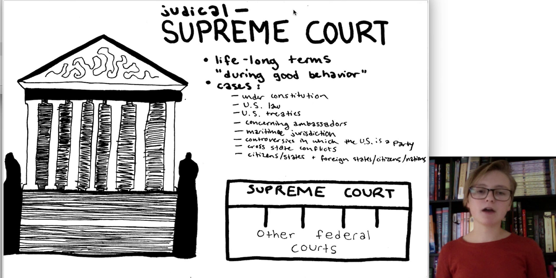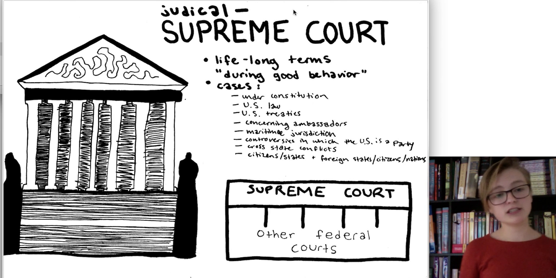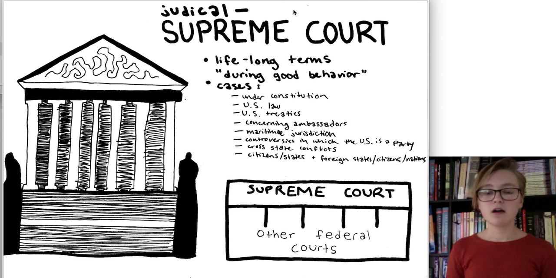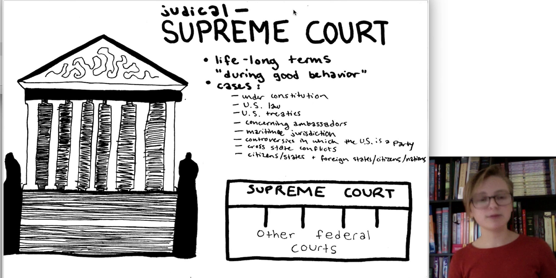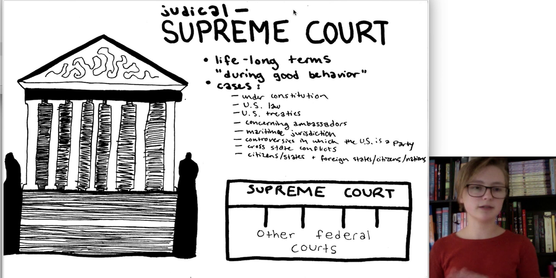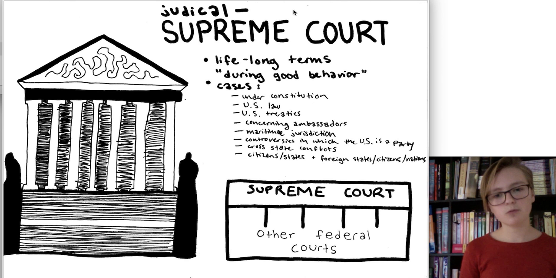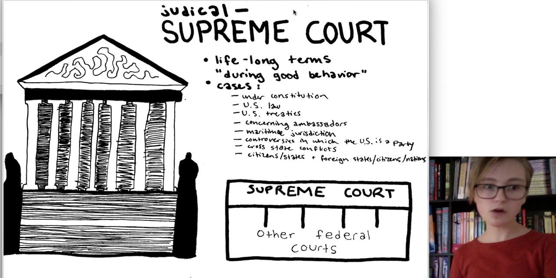Cases that might come up concern the Constitution, U.S. federal law, U.S. treaties, ambassadors, maritime jurisdiction, or any controversies in which the U.S. is a party, or any conflicts across state boundaries between citizens, between actual states. Anything between 2 different states goes to federal court. And also any person or state against a foreign nation or citizen or state is going to go to the Supreme Court or federal court.